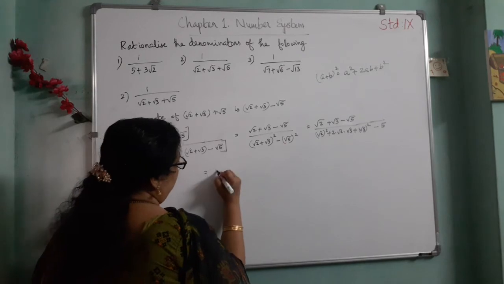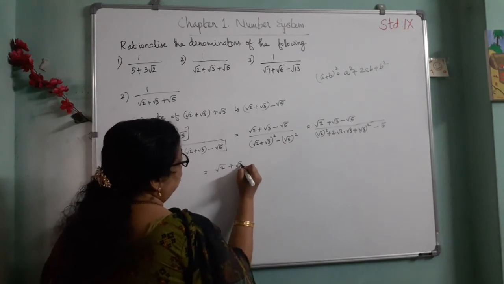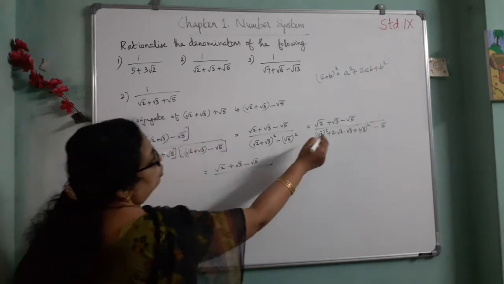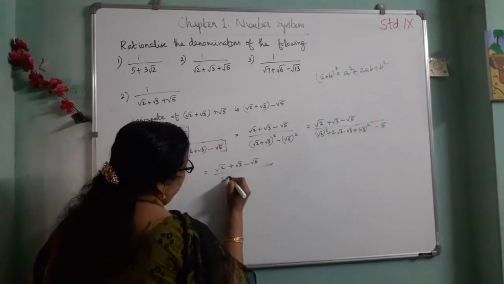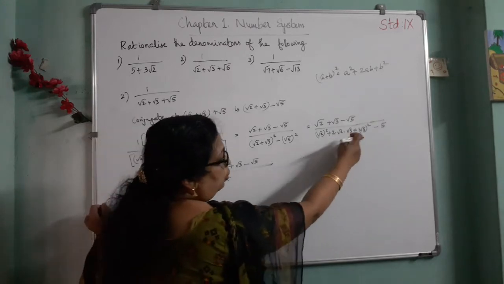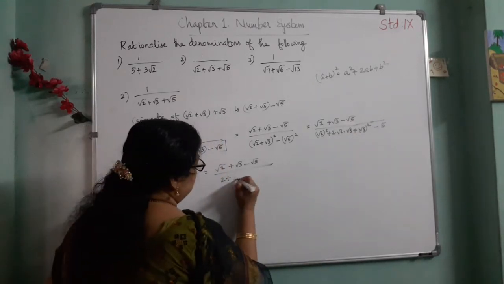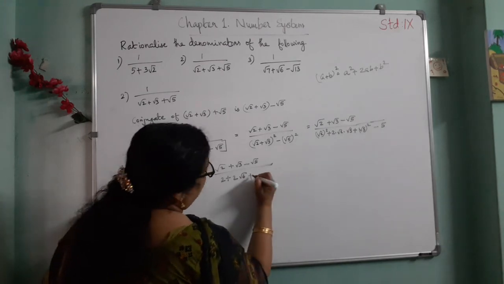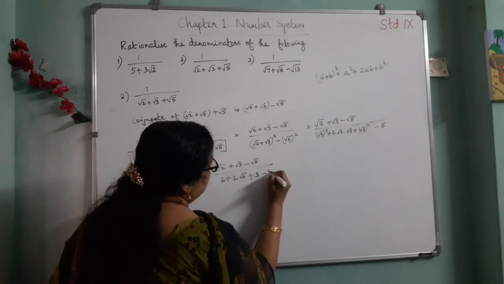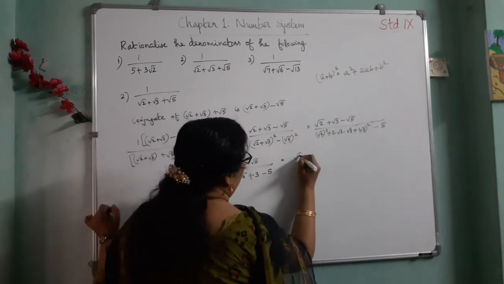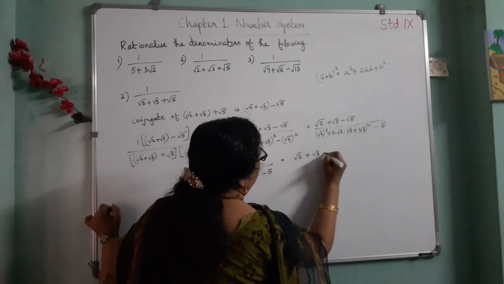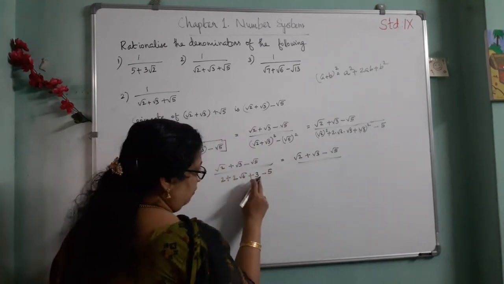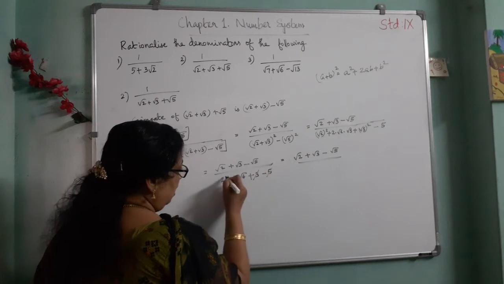So that equals numerator root 2 plus root 3 minus root 5 divided by root 2 square is 2 plus 2 into root 2 into root 3, that is 2 root 6, then plus root 3 square is 3, then minus 5. Here again numerator root 2 plus root 3 minus root 5 divided by 2 plus 3 is 5 and this 5, these all are cancelled.